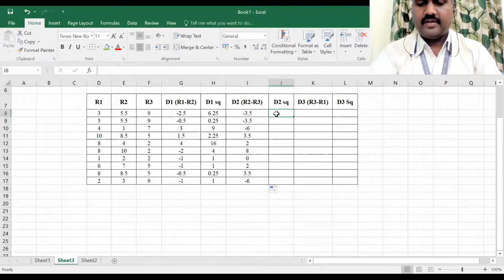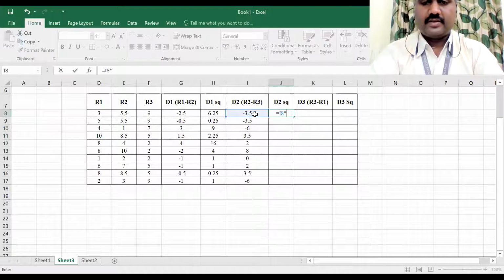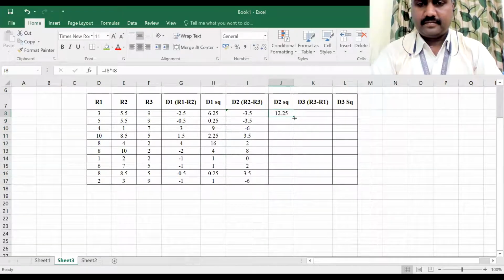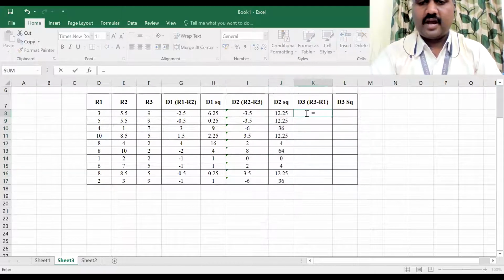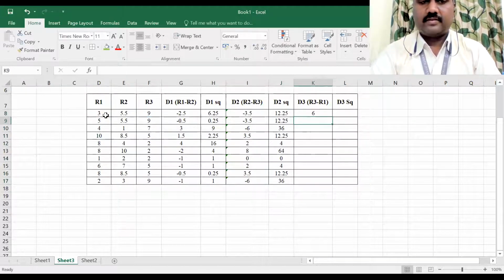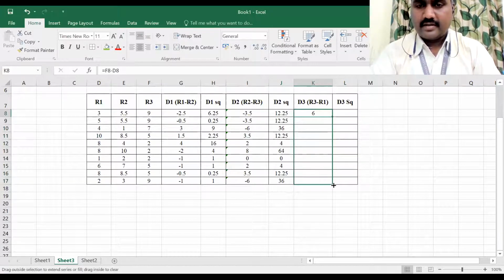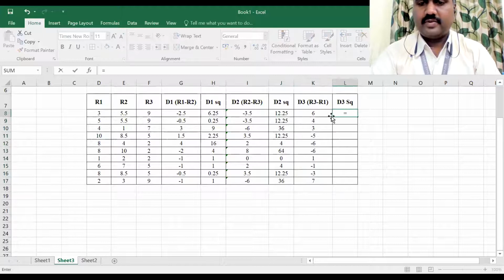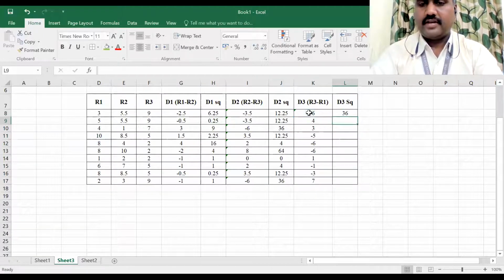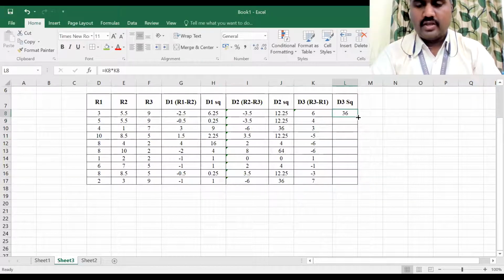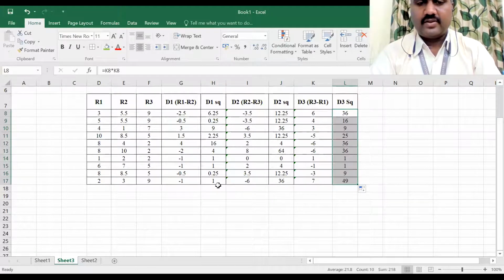And the D2 square will be this into this. And D3 will be R3 minus R1. This minus this. Drag it. And here D3 square will be this into this. Enter. So now we got all the values.